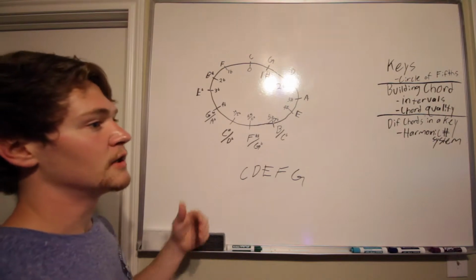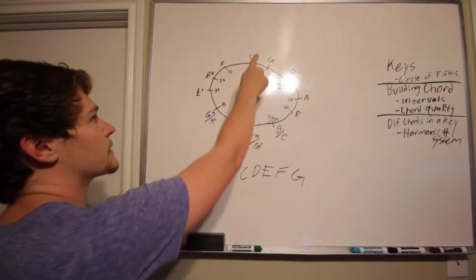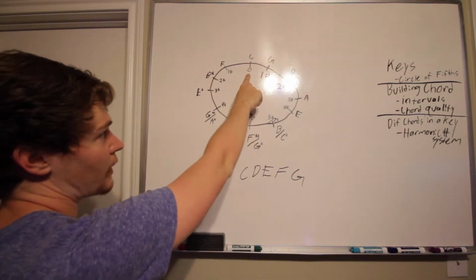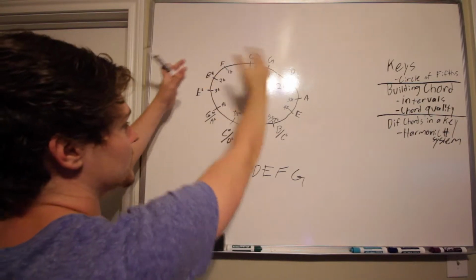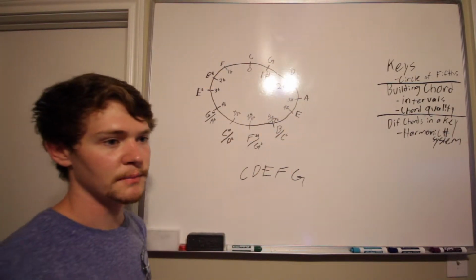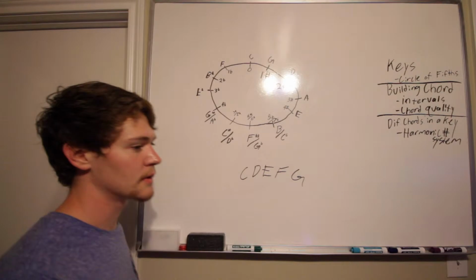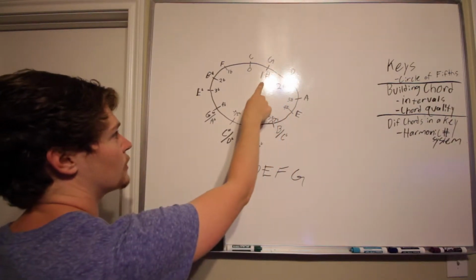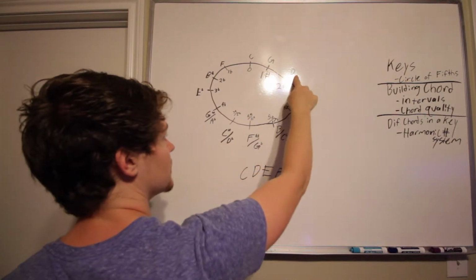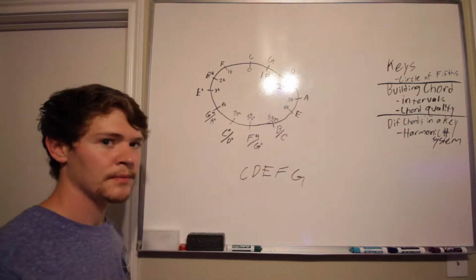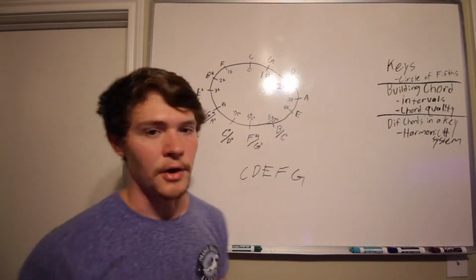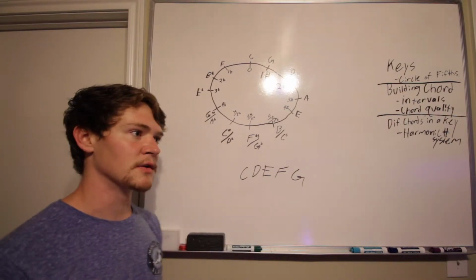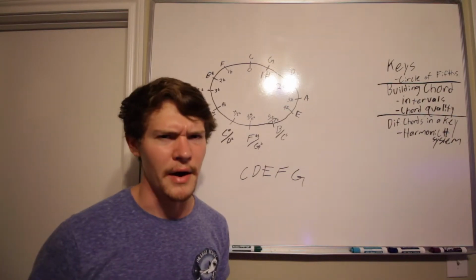The key of C major has 0 flats and 0 sharps. This is all based on the major scale keys. The key of G major has 1 sharp. The key of D major has 2 sharps. As far as music theory goes, there are certain things you just have to memorize.